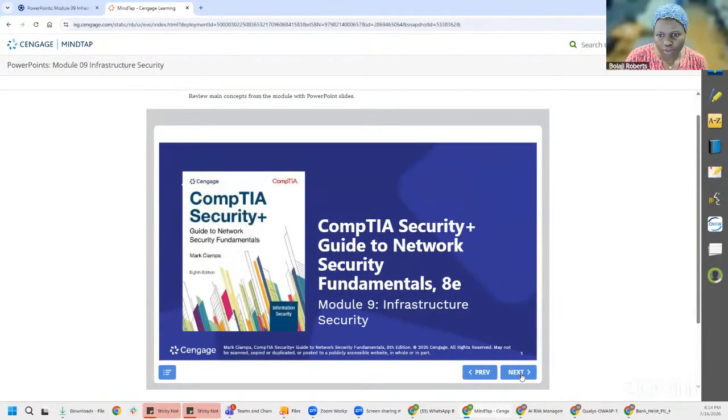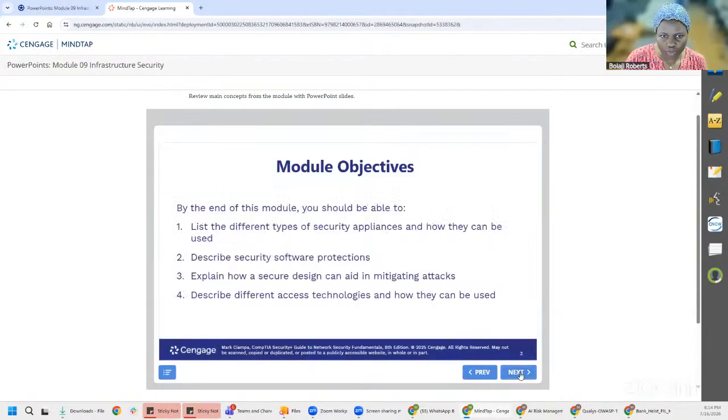So today we're focusing on infrastructure security. We're going to look at the different types of security appliances and how they can be used. We'll describe security software protections. We'll explain how secure design can aid in mitigating attacks. And then, for example, zero trust architecture. What does that look like? Then we will talk about different access technologies and how they can be used.